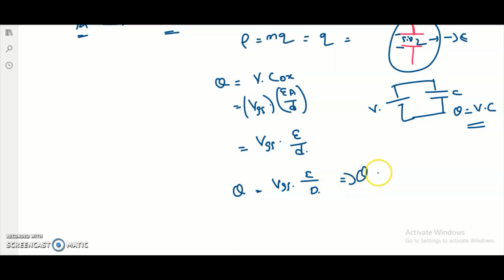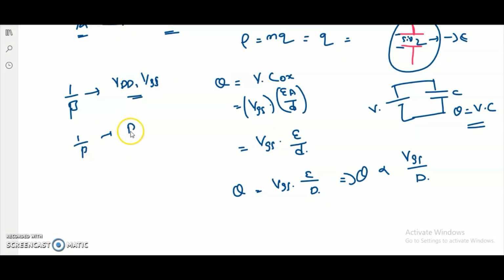So here I am taking that the charge or charge density is directly proportional to VGS divided by D. While coming to scaling factors, as I told, 1 divided by beta is the scaling factor we are going to use for the supply voltages, like VDD or VGS. And 1 by beta is also used for the thickness of the silicon dioxide, as we already discussed.